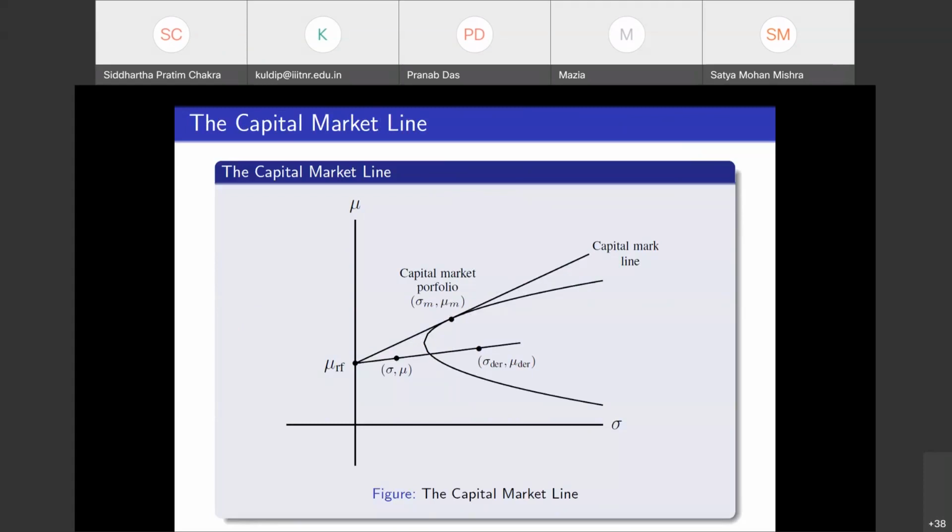The reason this is called the market portfolio is that after extensive work, and if you are interested, you can look up the book of Francis and Kim, you can show that the weights which give you this particular point are going to be the same as the weights resulting from the market capitalization of all the assets that are there in the market.